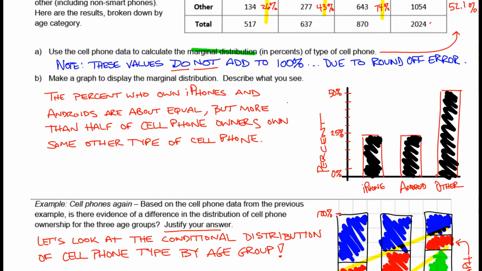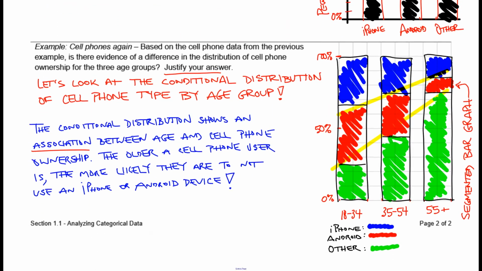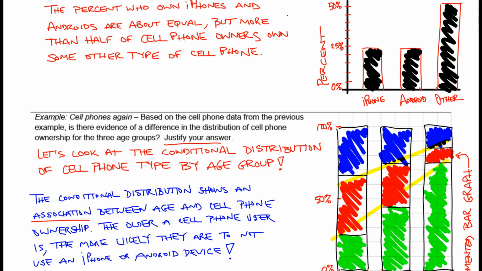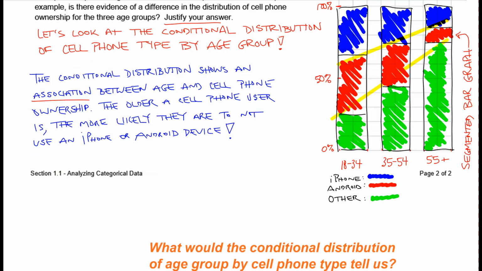In 2013, I think my dad was still using a Microsoft phone, or a Windows phone. Who uses those anymore? They don't even exist, I don't think. But anyway, back in 2013, this is what the distribution looked like based on the study from the Pew Research Center.